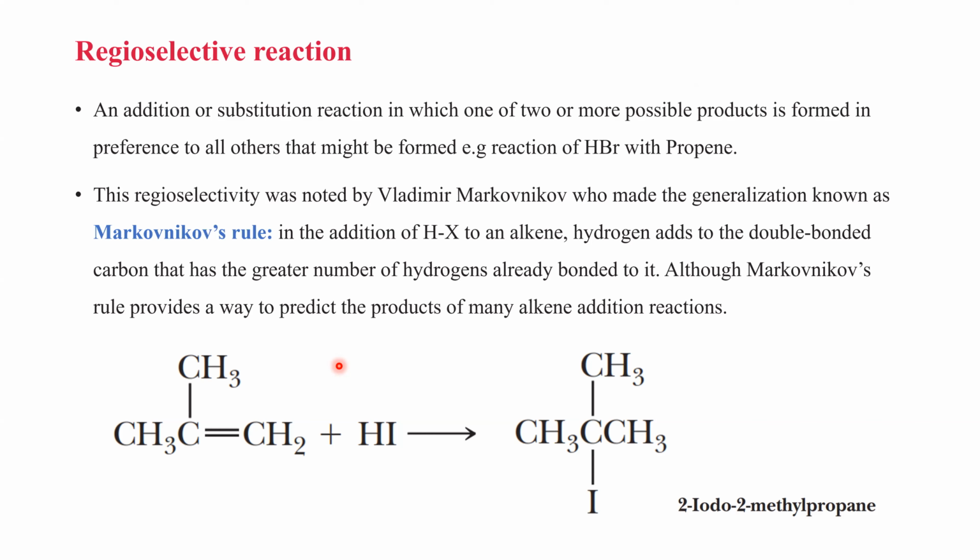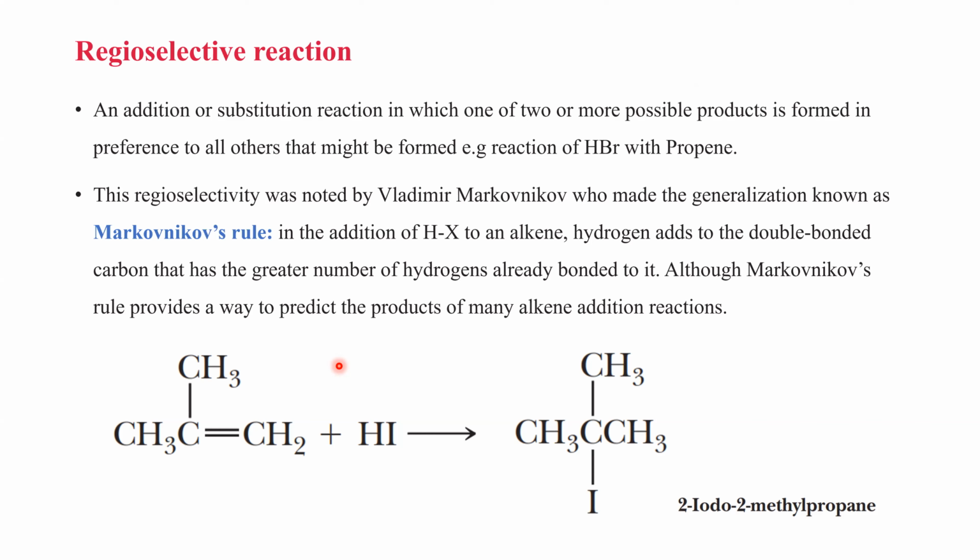For example, the major, predominant product may form in around 80% yield, and the others in just 20% and 10%. That preference is again regioselectivity, which gives your major product.